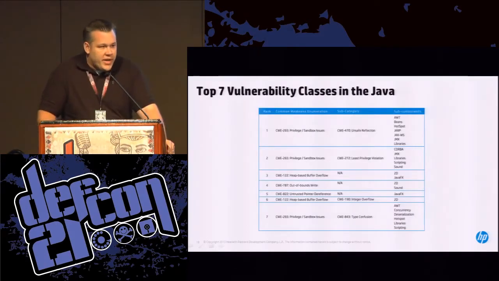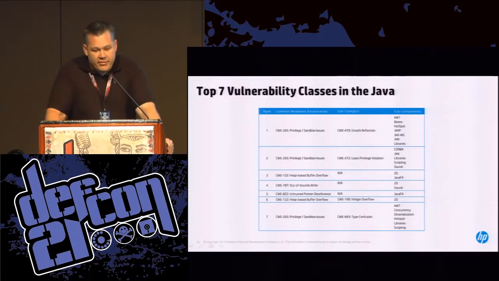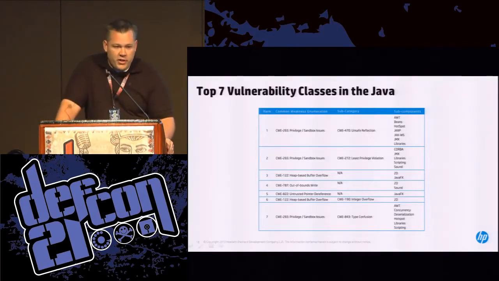So taking all this information, all the publicly available information, all the information from the ZDI, we're able to determine the top 7 vulnerability classes in Java. Number 1 being the unsafe reflection vulnerability, which is most popular in the library subcomponent. Followed by least privilege, which was also the most popular in the library subcomponent.